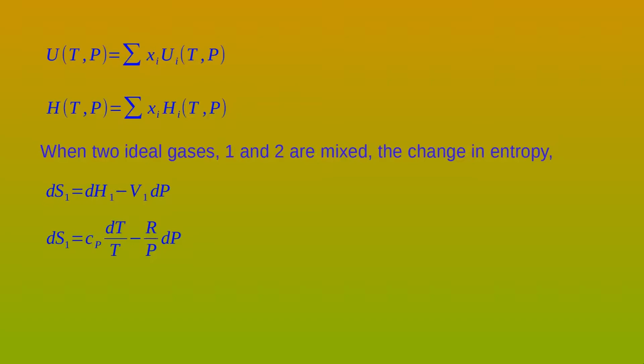Therefore, we say that the internal energy of mixing is 0 in case of ideal fluids, and the enthalpy of mixing for ideal fluids is 0. It is not 0 for non-ideal fluids.